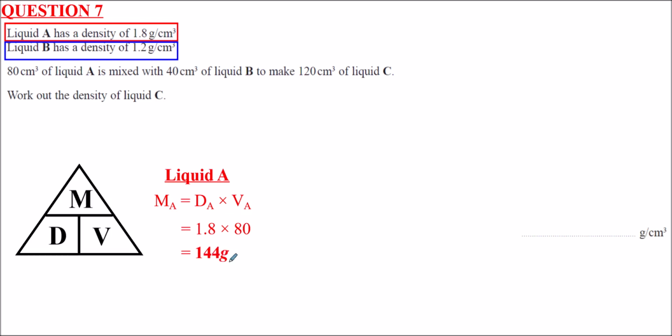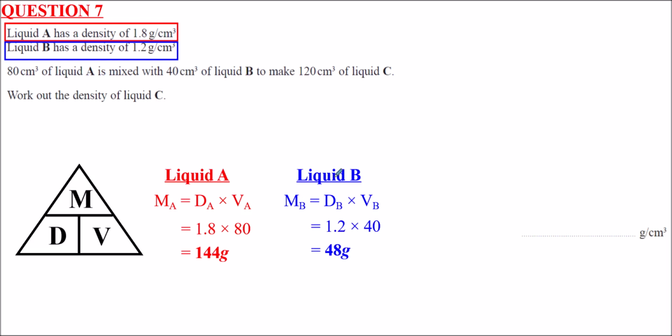We do the same for liquid B now. So for liquid B, the mass of liquid B is the density of B multiplied by the volume of liquid B. So it's going to be 1.2 multiplied by 40, which gives us 48 grams.